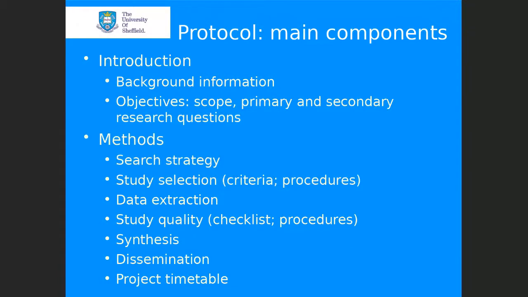We expect to see a search strategy, how we're going to do study selection, how we're going to do data extraction, both the procedure and the checklist that we're going to use to assess study quality, or risk to rigor, as we might prefer to call it, as an alternative to the risk of bias that is used in the quantitative world, our procedures for synthesis, how we're going to disseminate the final review, and a project timetable.